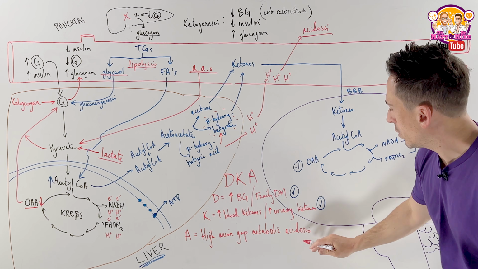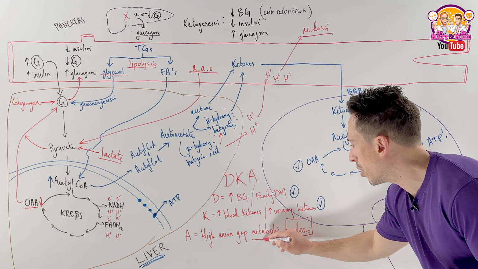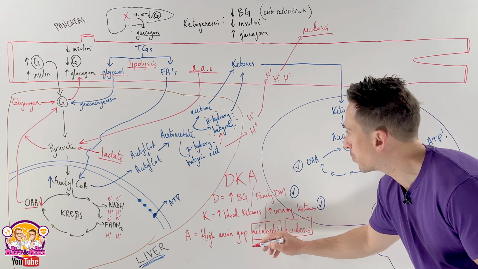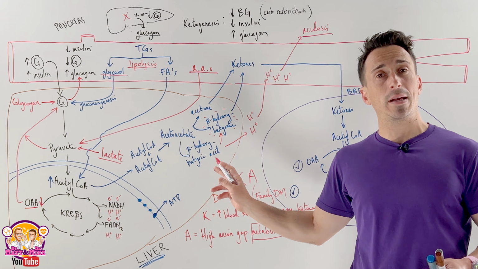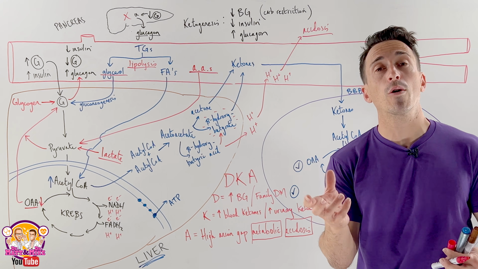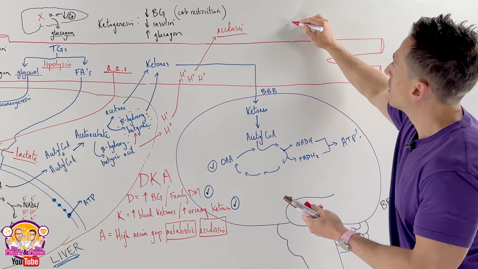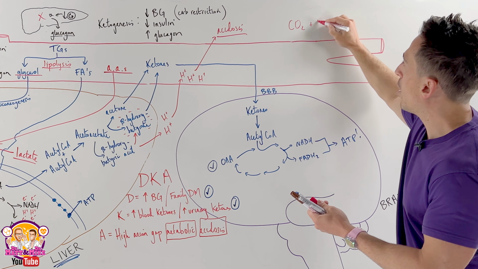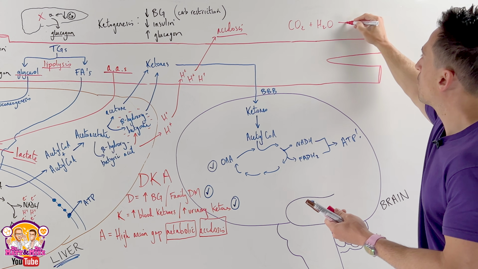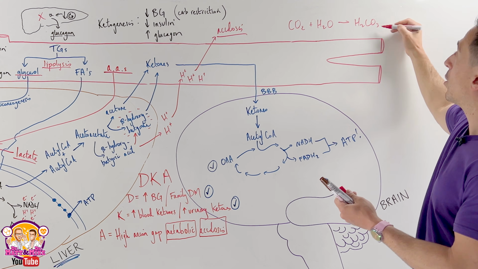Now, not only do we have the acidosis, it's a metabolic acidosis because it's produced through metabolic pathways. If it's a respiratory acidosis, that's simply saying we're accumulating carbon dioxide. As a brief background, remember that carbon dioxide can bind with the water in your blood and produce H2CO3, which is called carbonic acid.